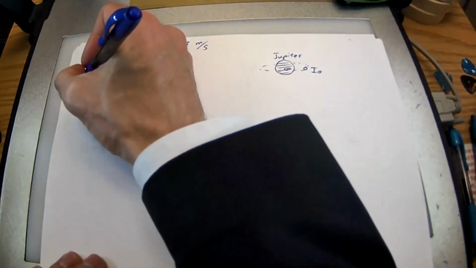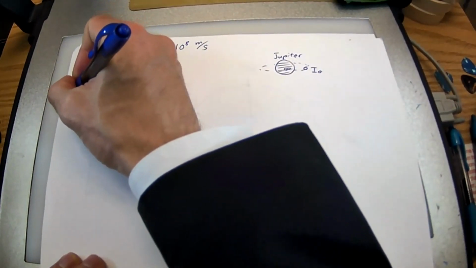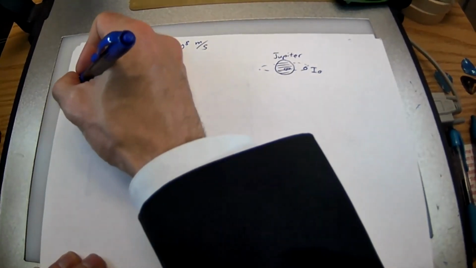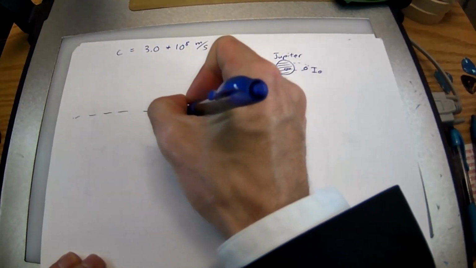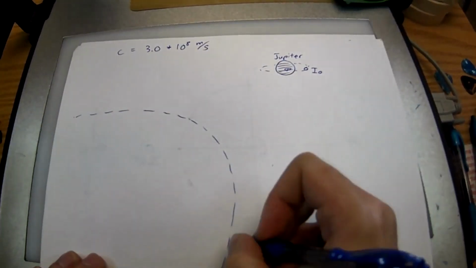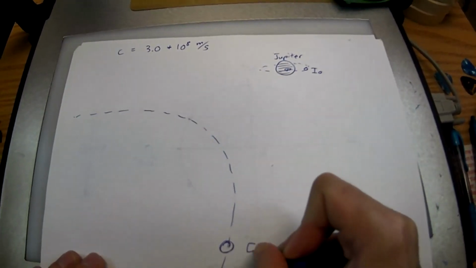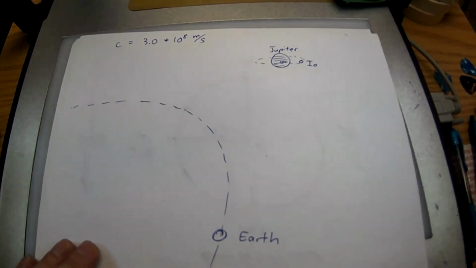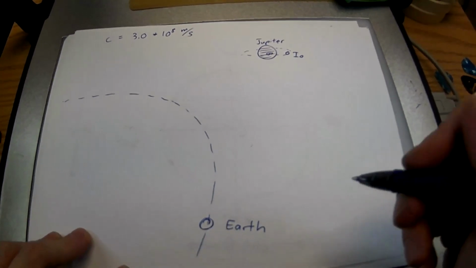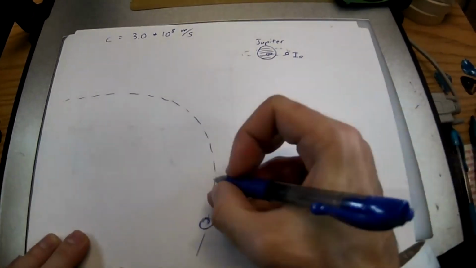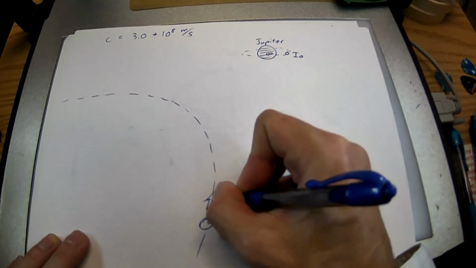Now, here's where you have to think abstractly. You guys ready? Let's get the orbit of Earth. So here's Earth. We're thinking real big picture on this. You guys got your brains turned on? So here's Earth, headed towards Jupiter.